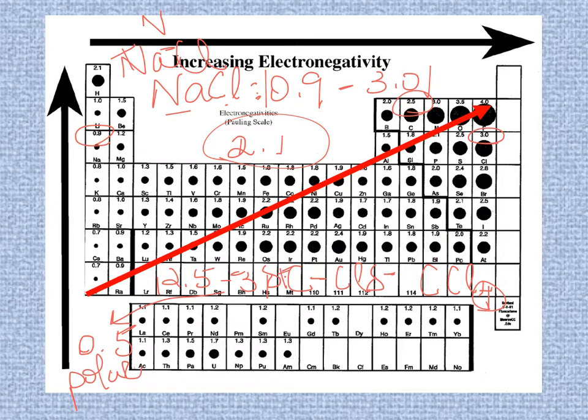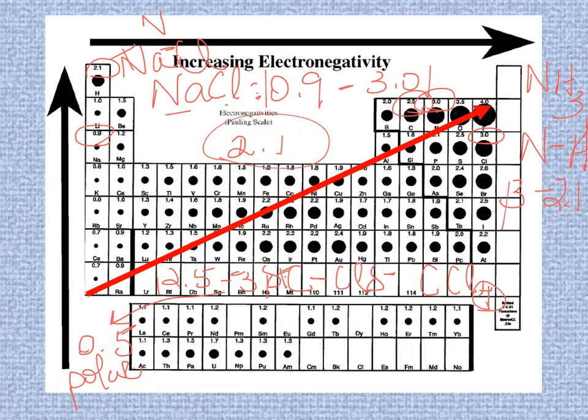And the last bond we had was ammonia, NH3. So we're going to look at the difference in electronegativity between nitrogen and hydrogen. Nitrogen has electronegativity of 3, just like chlorine. And hydrogen has an electronegativity of 2.1.